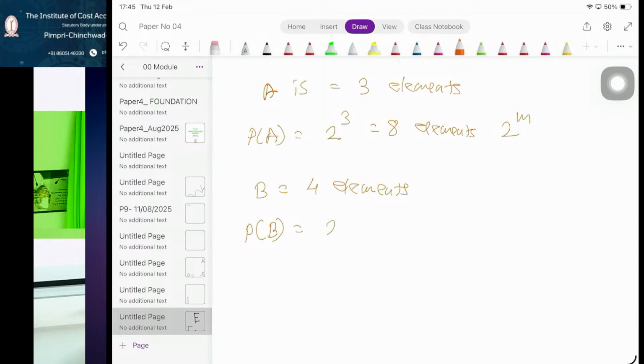Will contain 2 raised to 4. This formula. 2 raised to 4 is, there will be 16 elements in power set of B या फिर power set B.